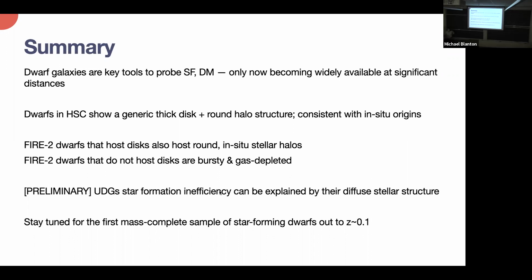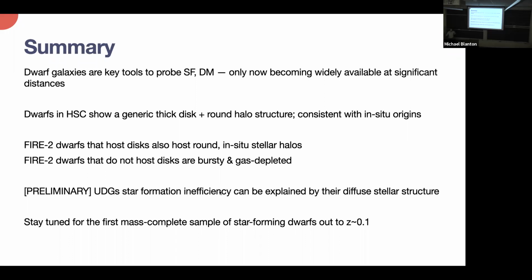I mean, this is probably going too far, but look at those galaxies at different epochs. Do they change? Do they have a disk and then it goes away and then it comes back and then it goes away? Yeah, so in the FIRE galaxies, it doesn't seem like the non-disky dwarfs ever hosted a disk.